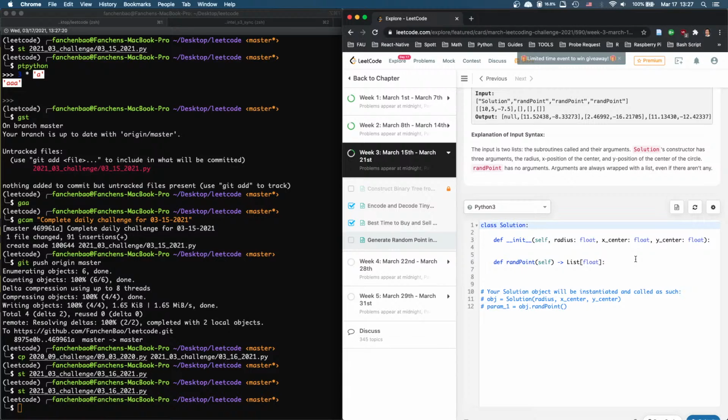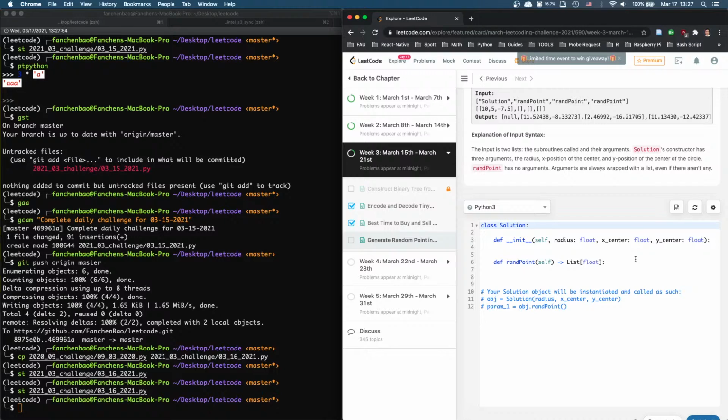Alright, so what we're trying to do is given a circle, so we already know the circle. How do we generate a random point? We can generate a random point in a square that encloses the circle.